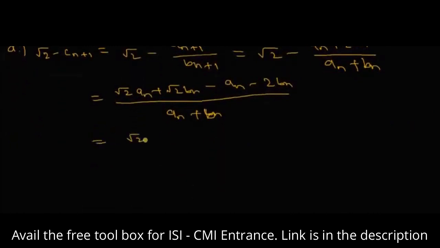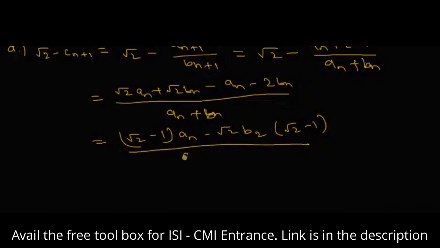We take root 2 a_n common: root 2 minus 1 times a_n, minus root 2 times b_n times root 2 minus 1, correct?